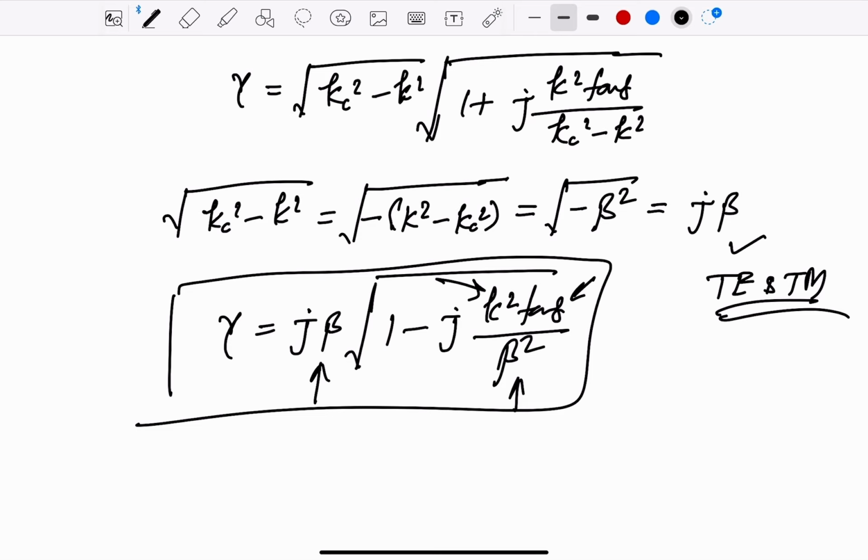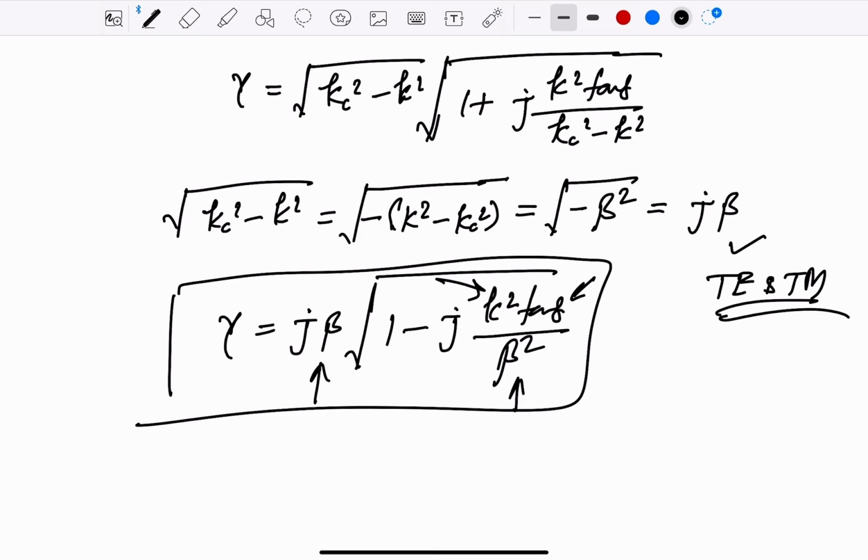Now the thing is, after that we cannot solve this equation mathematically, so we have to put some assumptions here once again. Let's say the dielectric losses are small, and usually in practical systems you will see these dielectric losses are small.